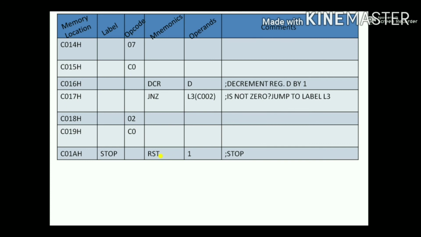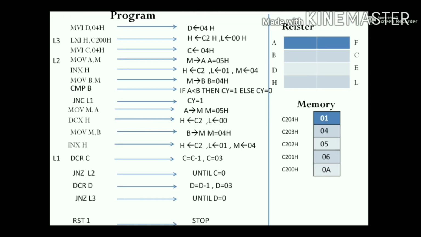So this is the table format which we are going to use for writing assembly language programs. Now if you want to arrange the data in descending order instead of ascending order, only one change is required: instead of JC we are going to use JNC, meaning jump if no carry. Only this change we will make.